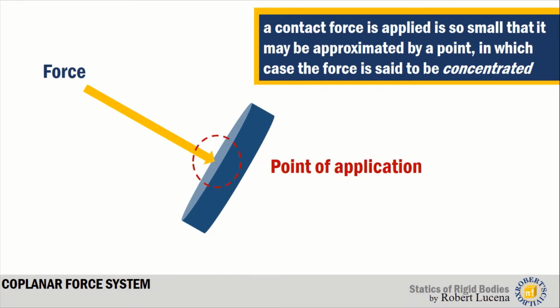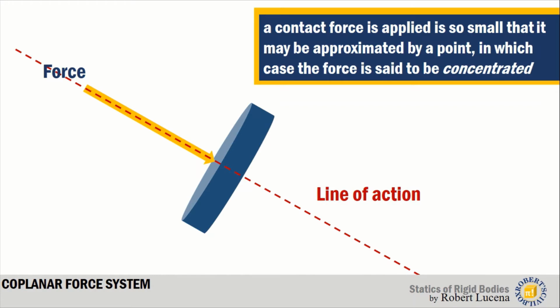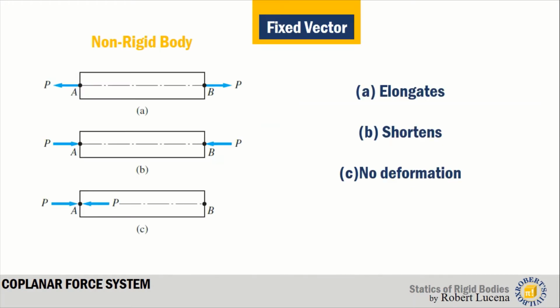So the point of application of a force is in a differential area, and the line of action of the force is as shown in this red dashed line. And let's have here a fixed vector. A fixed vector has the same direction and magnitude and also the same point of application.